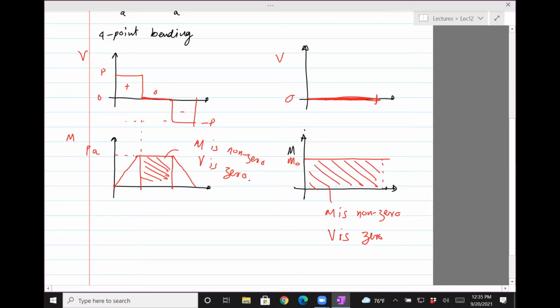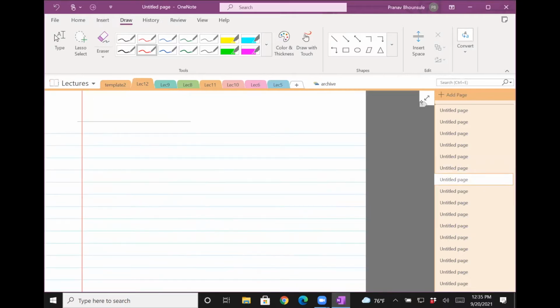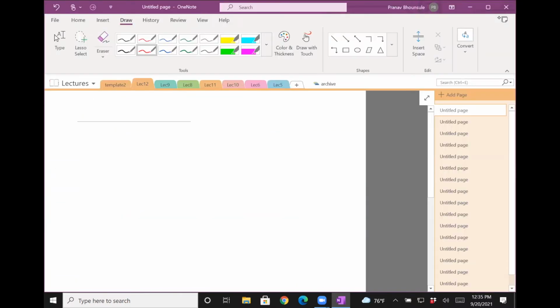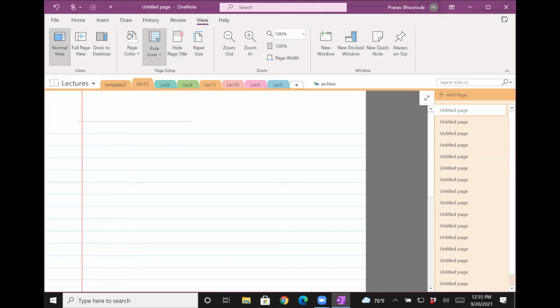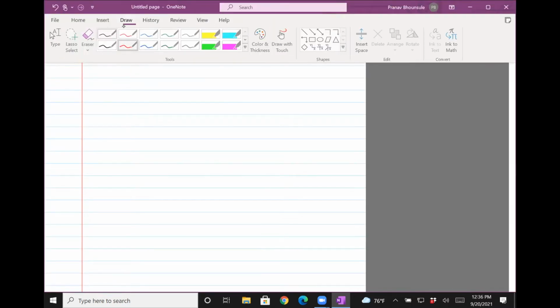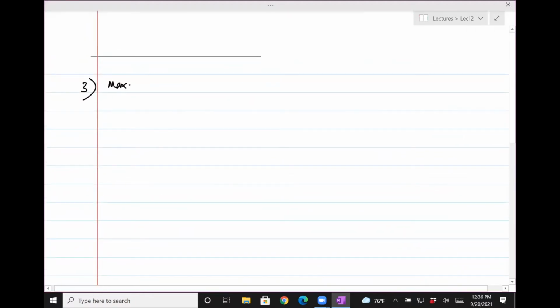I said this fact is true for almost all cases we'll be considering here, and I'll just show you why it's true. The claim is that maximum normal stress occurs when M is maximum.